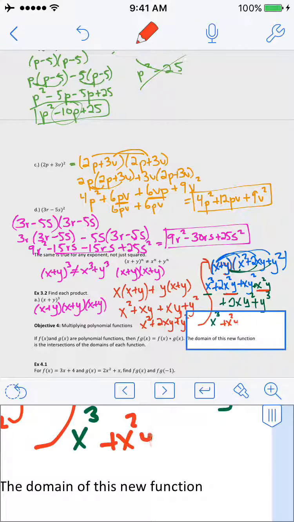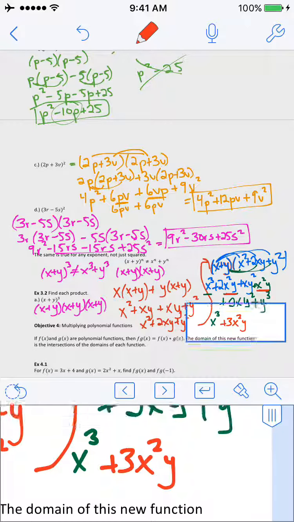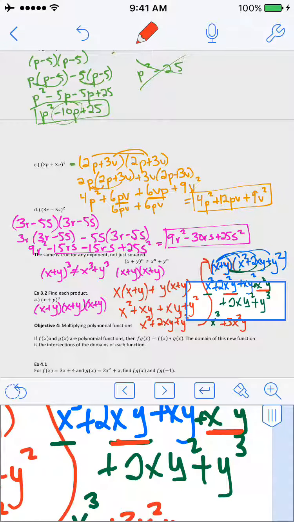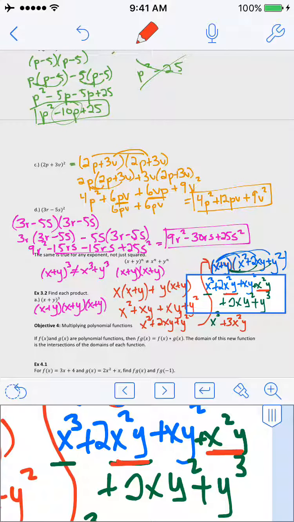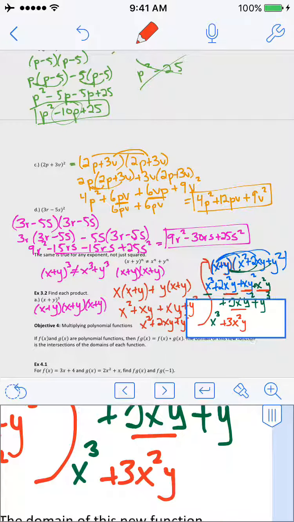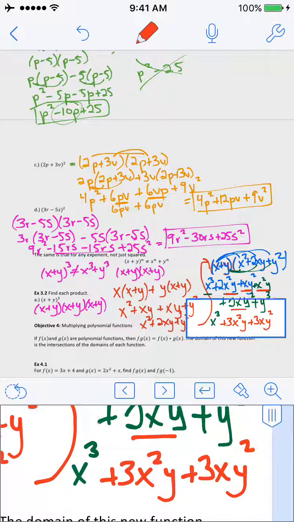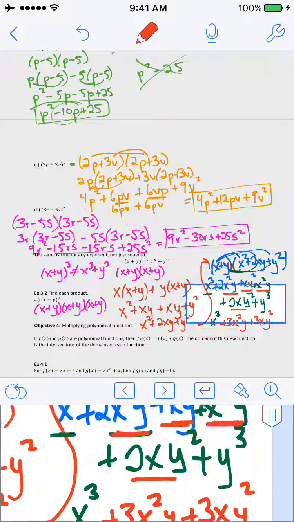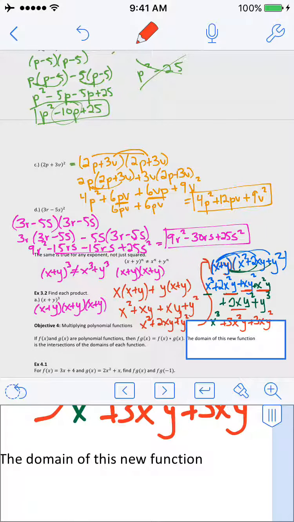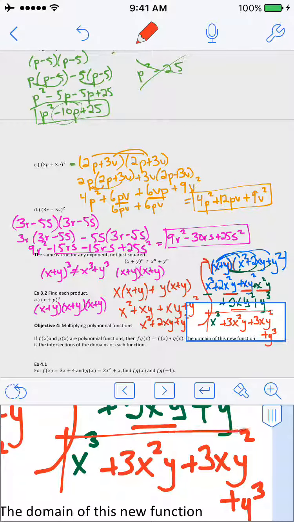I have 2 of them and then 1 more, so 3x squared y. I've got an xy squared and an xy squared, 2xy squared, so plus 3xy squared. And then lastly, I've got a y cubed. So plus y cubed.